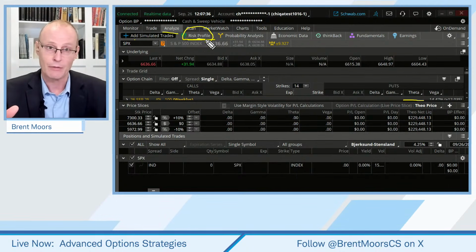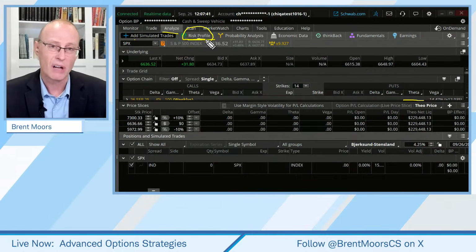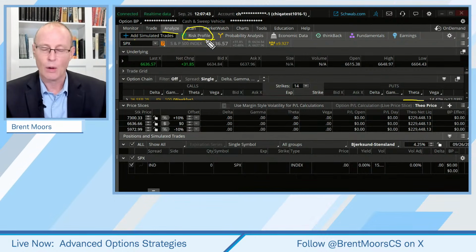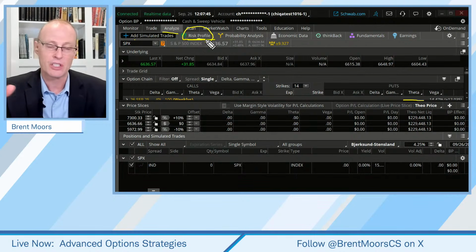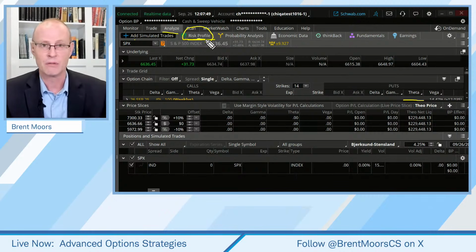Sometimes you have multiple break-even points on a trade. It also shows the probabilities of a trade, the cons, and what the option Greeks are for various scenarios, whether the underlying stock goes up or goes down. There you go. So that's why we're going to do this. It's important to know this.